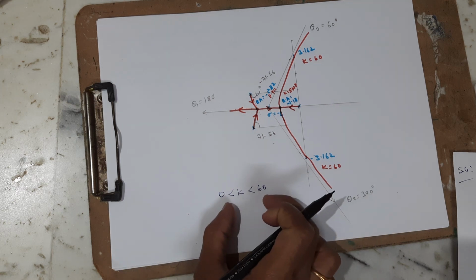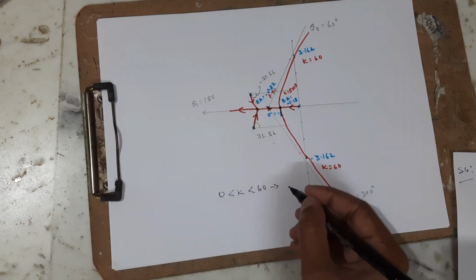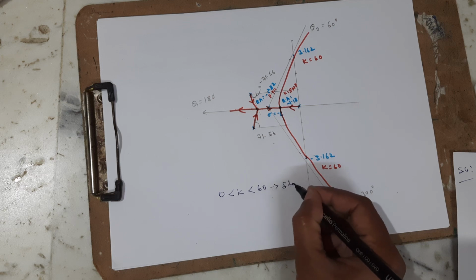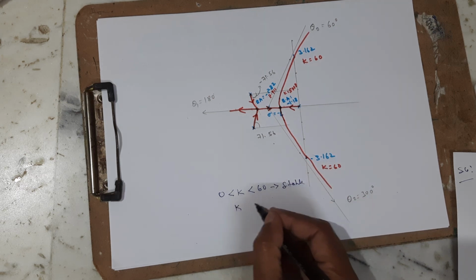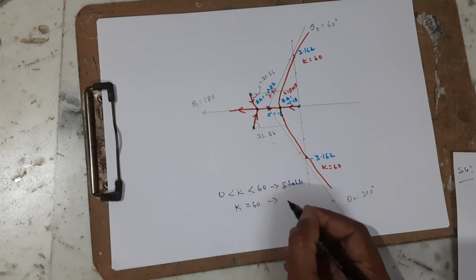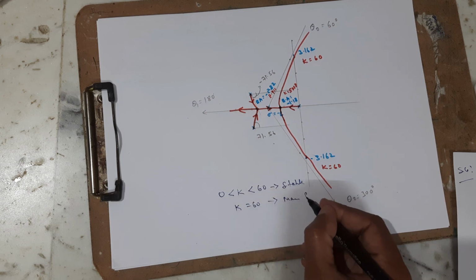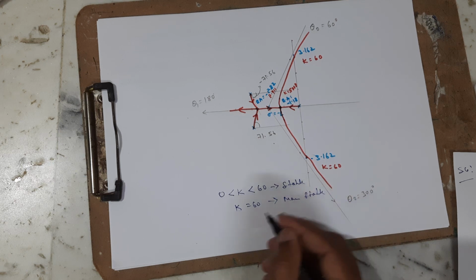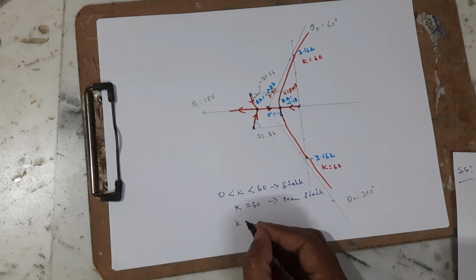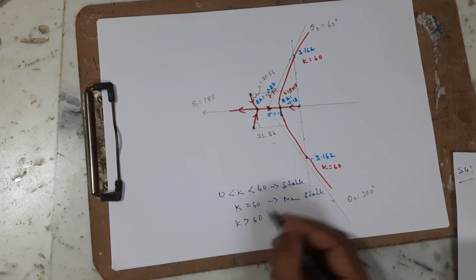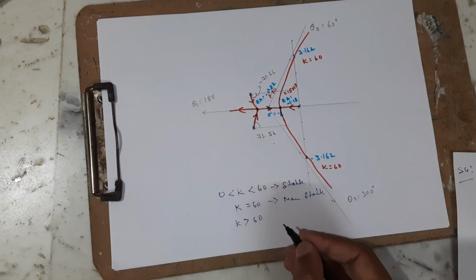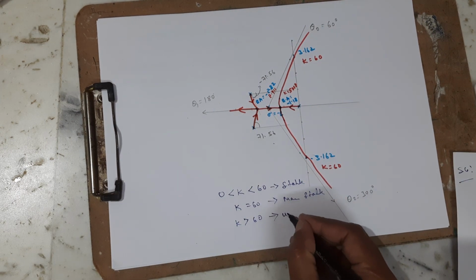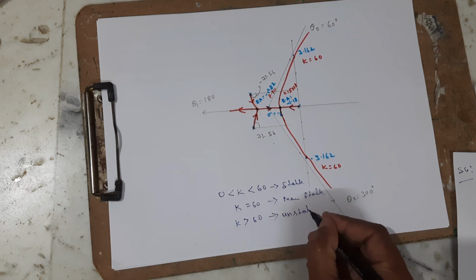In this region the system will be stable. At k equal to 60, it is marginally stable. When k becomes greater than 60, the root locus moves towards the right side of the s-plane. This is the unstable region.